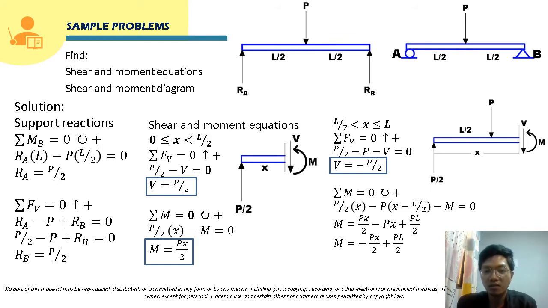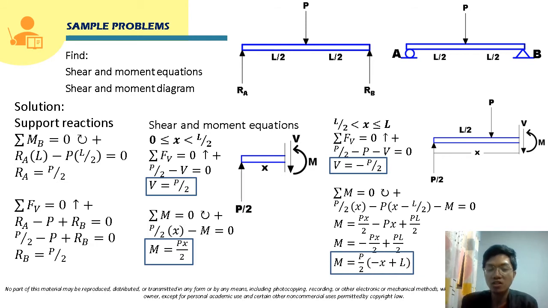This will just be Px over 2 minus Px, which is actually negative Px over 2. And then this is PL over 2. So we can factor out P over 2, and this will become P over 2 times negative x plus L. So this will now be the moment equation.